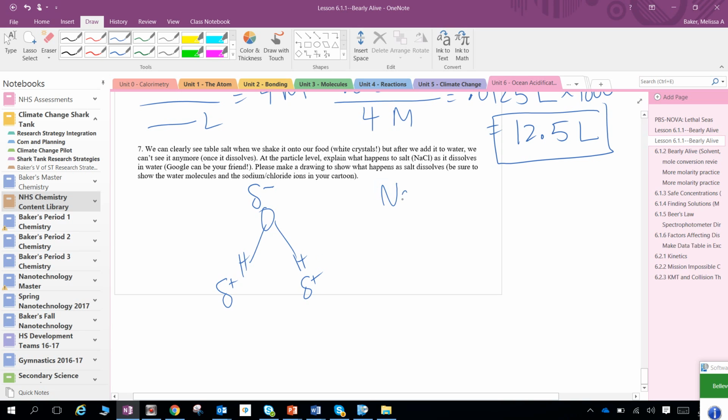So what happens when you put an innocent little salt molecule into water is it gets ripped apart because the bond, the ionic bond that was held together by those attractive forces, now the sodium gets pulled to hang out near the oxygen, and the chlorines get pulled to hang out near the hydrogen.